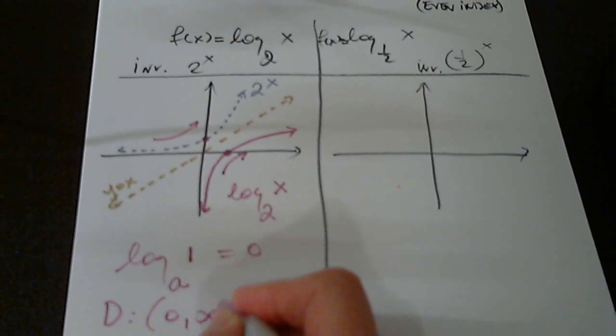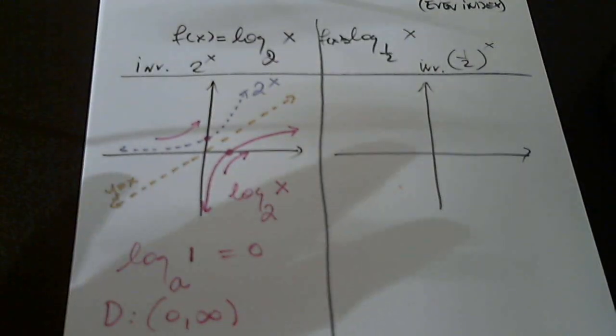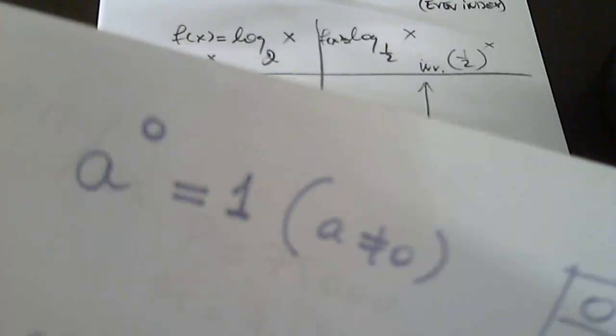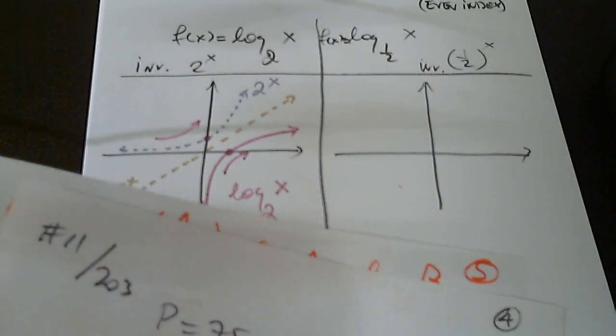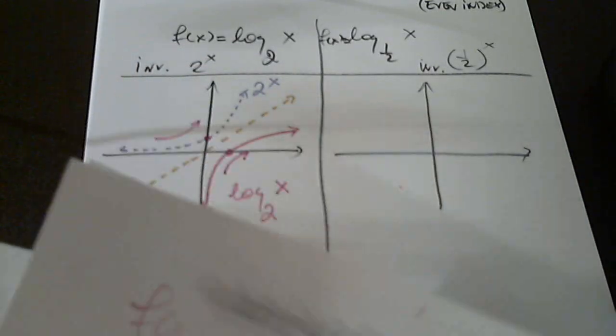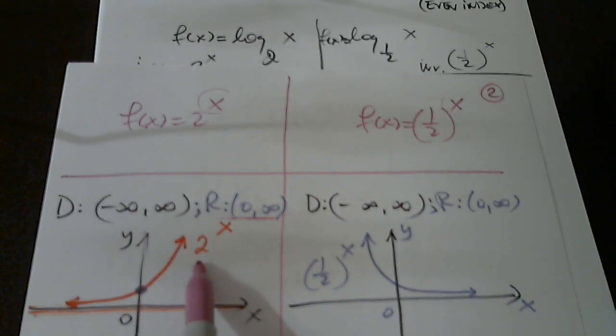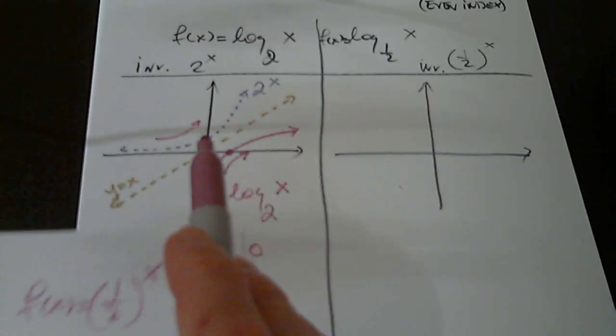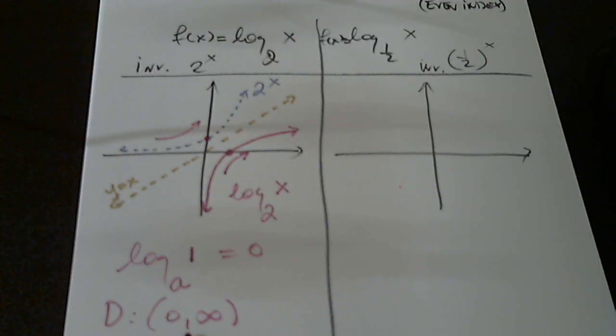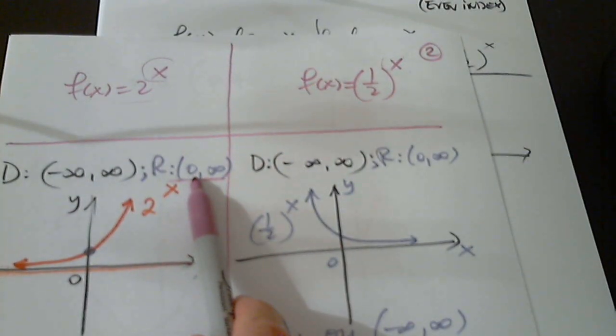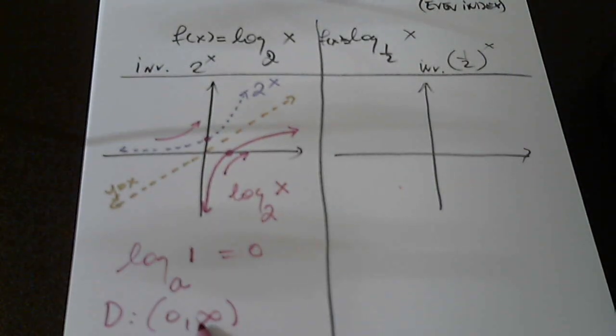Excellent. The range of the exponential function has to be the domain of the log function. That's how inverses work. So if the range is 0 to infinity, the domain of this function has to be 0 to infinity.